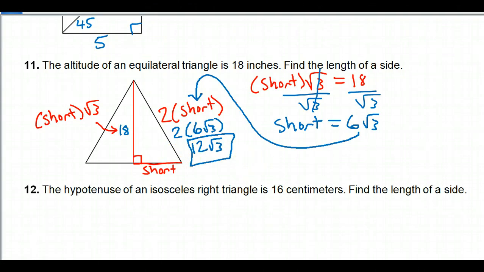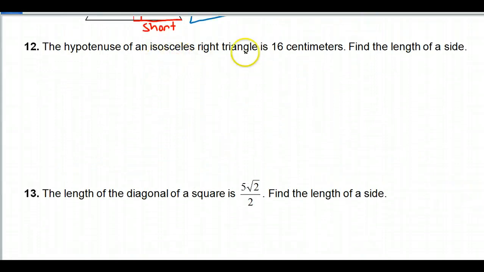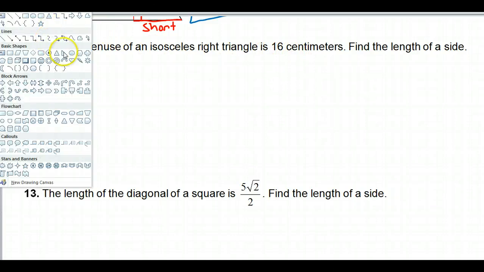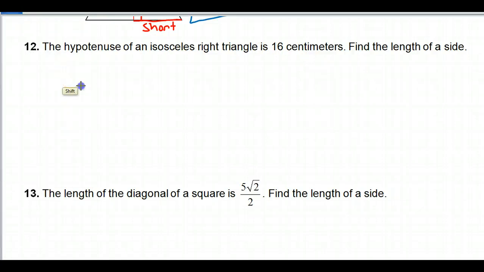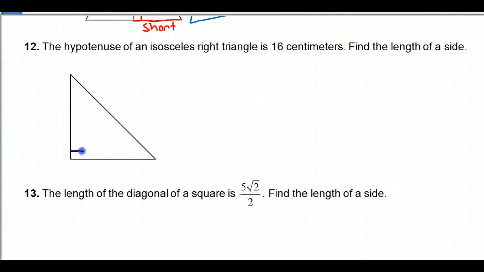Okay, number 12. The hypotenuse of an isosceles right triangle is 16. An isosceles right triangle is our familiar half of a square. Okay, so here's an isosceles right triangle. Because this is isosceles, we know this is a 45, 45, 90 triangle.